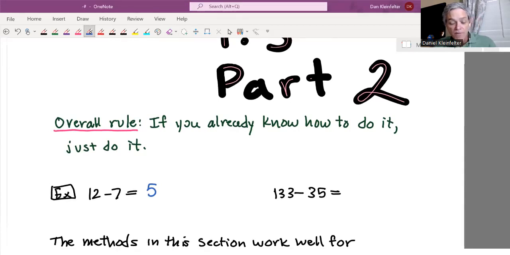And that's it. For 133 minus 35, you can write it vertically and do the subtraction, the borrowing, and all that stuff. And you should end up with what? 98, right? And so that's it.